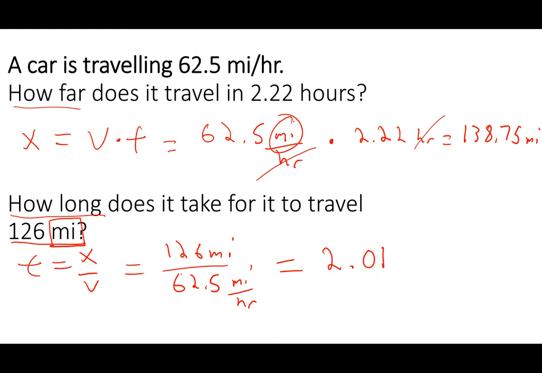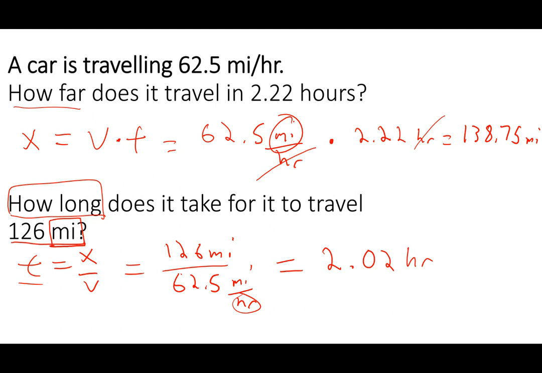So if I drop that 6, my 1 goes up to 2. What's my unit? Well, because it's how long and we're looking for time, I use the unit of time that I have in my problem, which is hours. That's the only unit of time that I have, and that's how long it would take to go 126 miles.